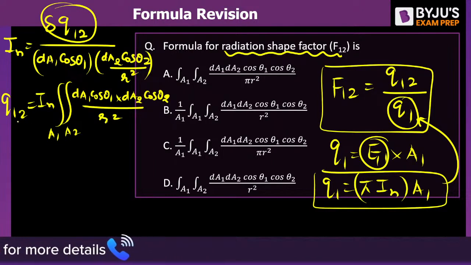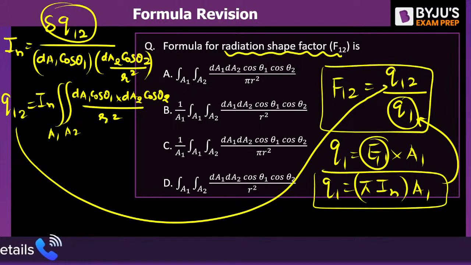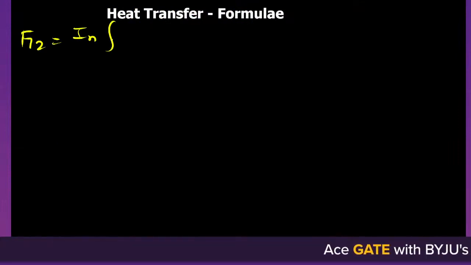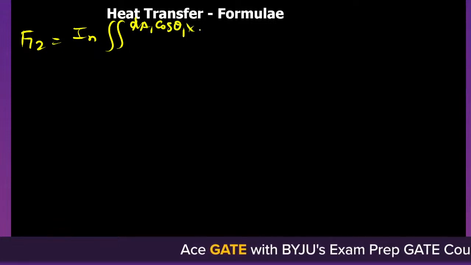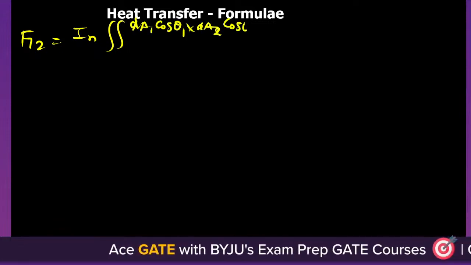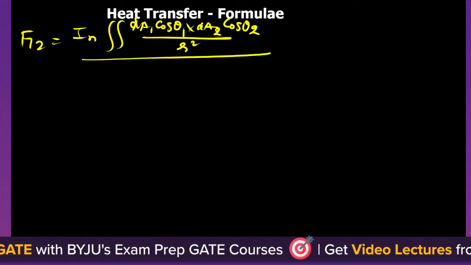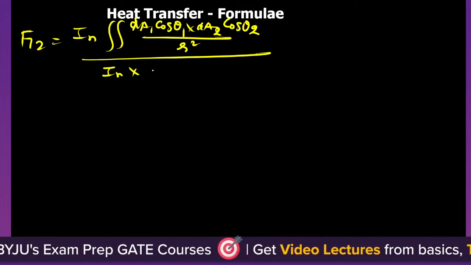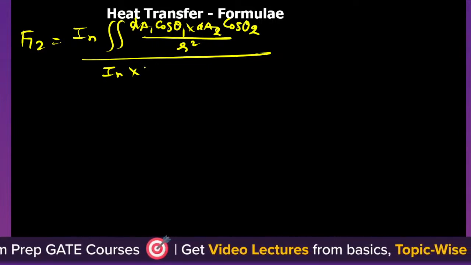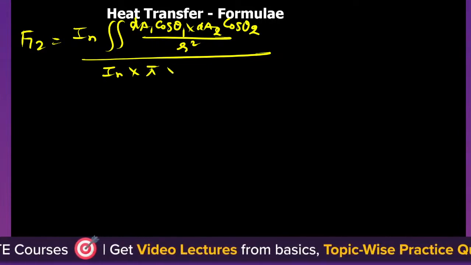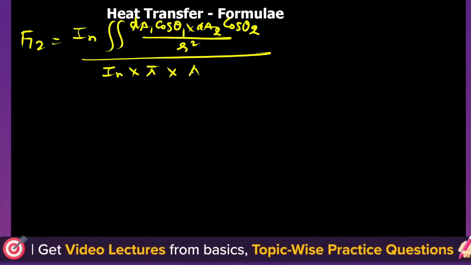So if you put the value of Q12 here, F12 will be equal to, numerator will be intensity, then dA1 cos theta 1 into dA2 cos theta 2 upon R square, and the denominator will be intensity into pi times of A1.